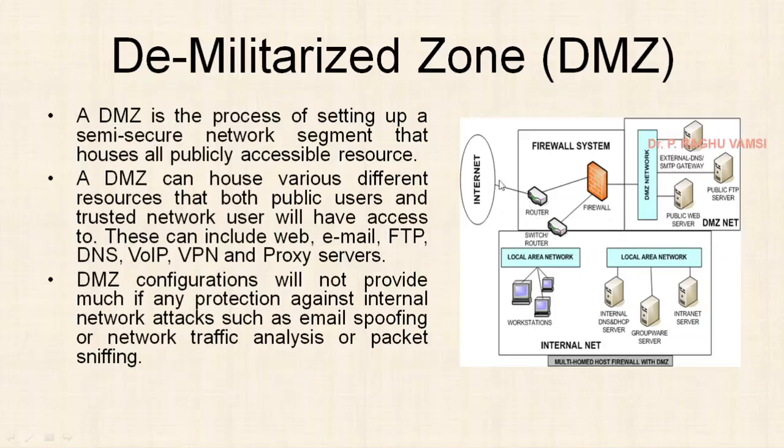Now assume that from the internet you will get a public address. Whenever you get a public address, then at this router level, you need to maintain a network segment with an internal network address, where the switch is connected to a local area network, which is also an internal network.